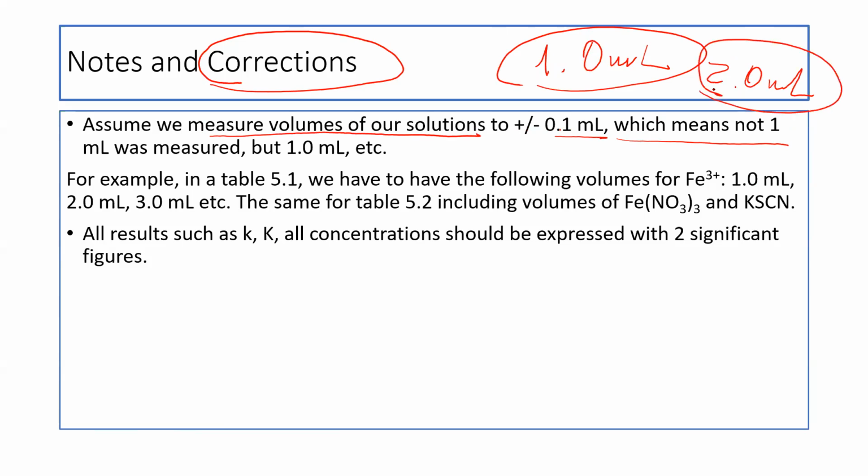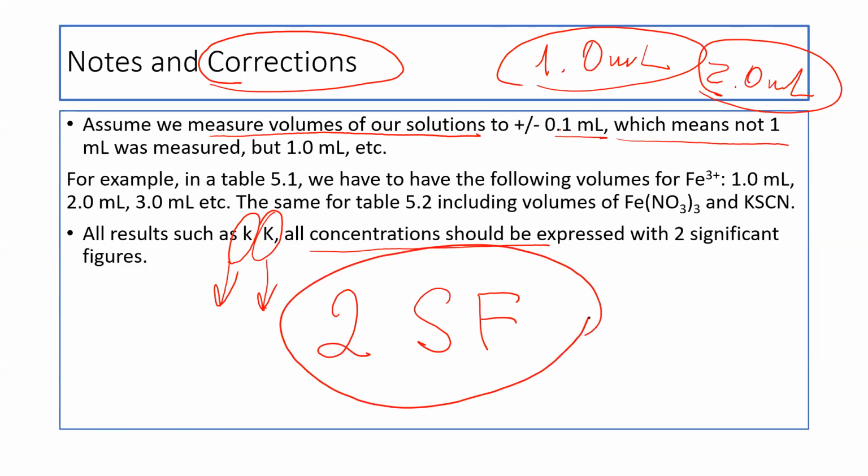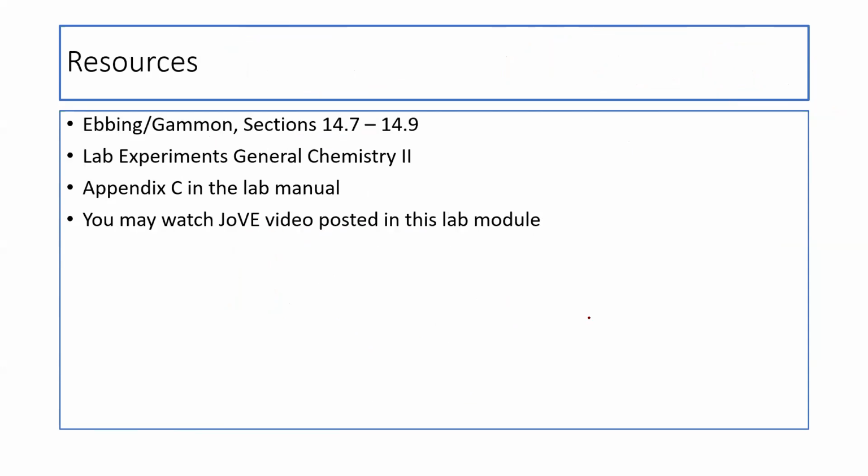That means we have to express all results for the small k, for the Beer's law, for the equilibrium constant, and so on, with two significant figures. I'm bringing these corrections because without that, the data will be kind of confused, and we have to take care of these significant figures. They play a big role in this lab.